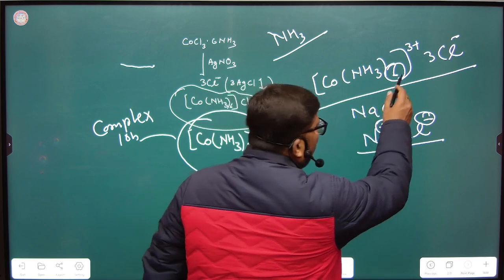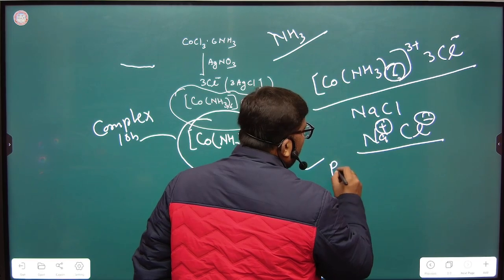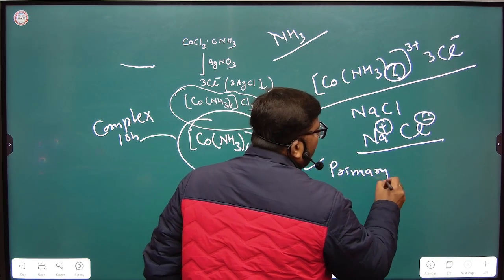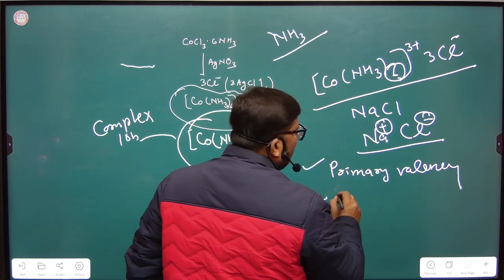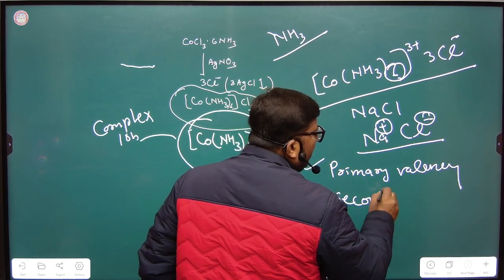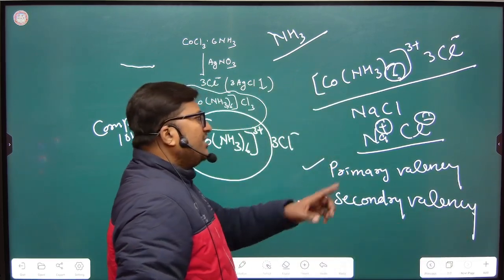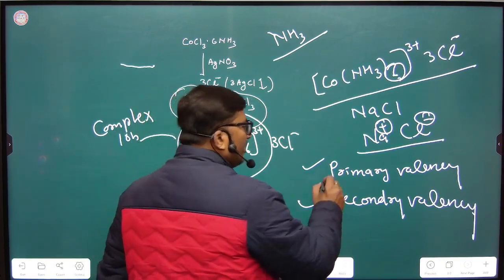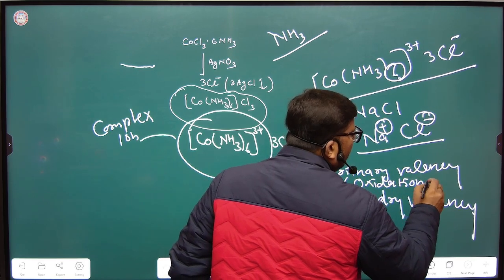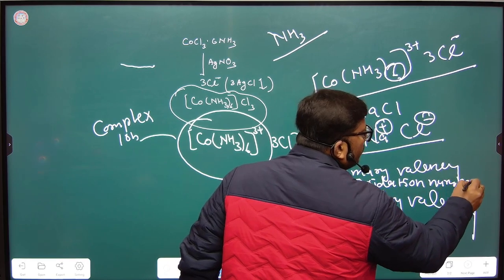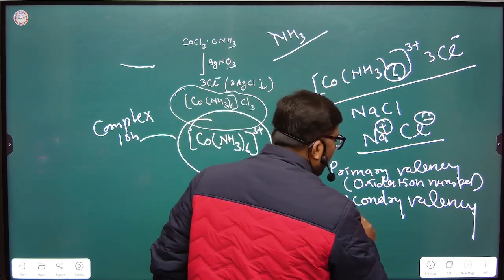What does plus 3 indicate? It indicates the primary valency, and 6 indicates the secondary valency. Primary valency is associated with the oxidation number of the metal, and secondary valency is associated with the coordination number.